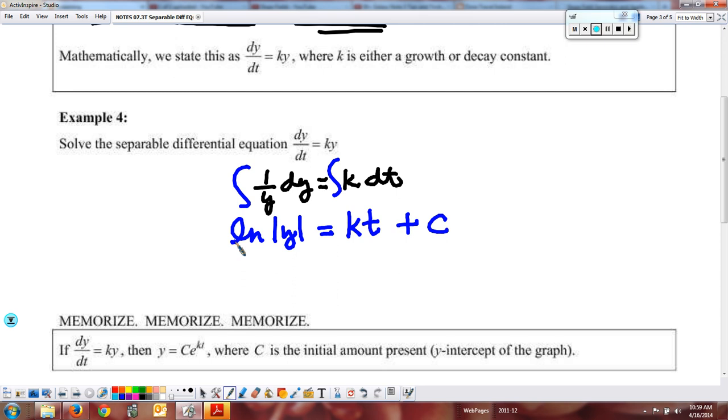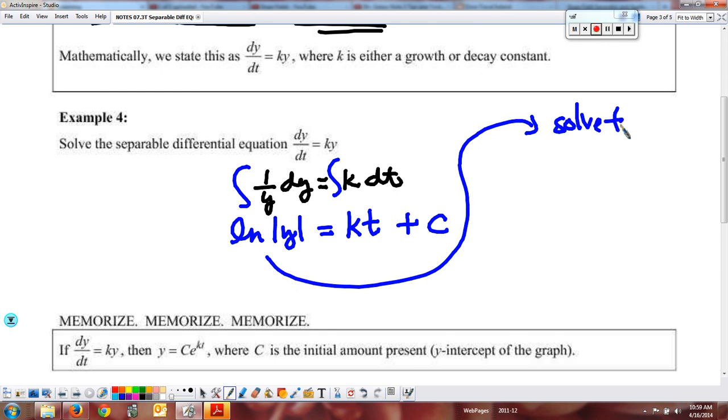So that gets us to here, and usually at this point we want to solve for y. You're not going to leave it at this point. So you're always going to pretty much come up here and solve for y. And again, to solve this one for y, we're going to raise both sides to e, and the reason we do that is so that the natural log would cancel. Absolute value of y equals e to the kt plus c.